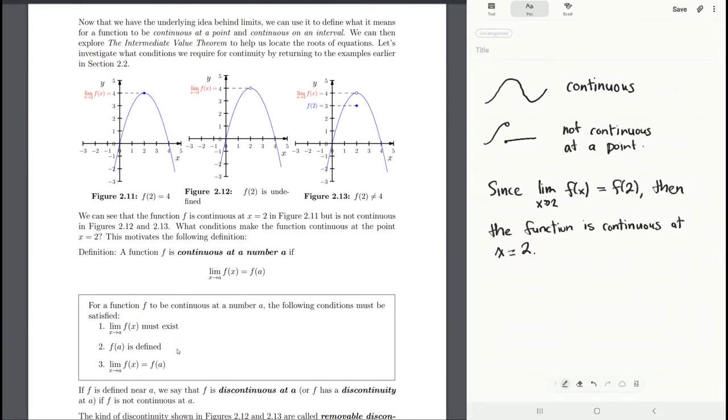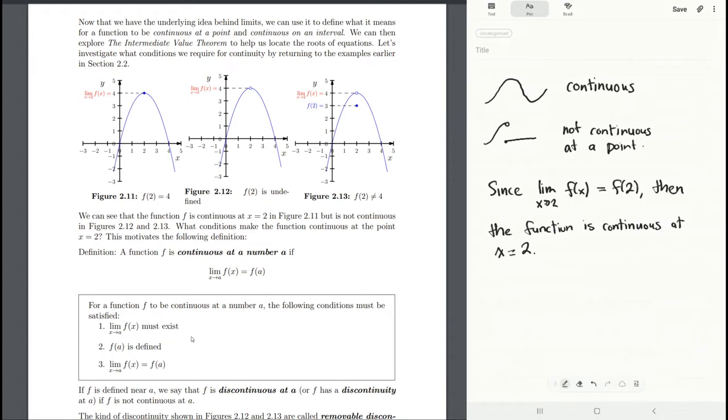Now, if any of these conditions are not satisfied, then we say that the function is discontinuous at a. For example, if we look at the second graph from before, we see that the two-sided limit exists, but the function is not defined at the point where x equals 2.